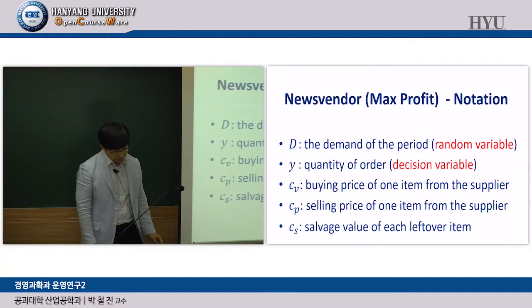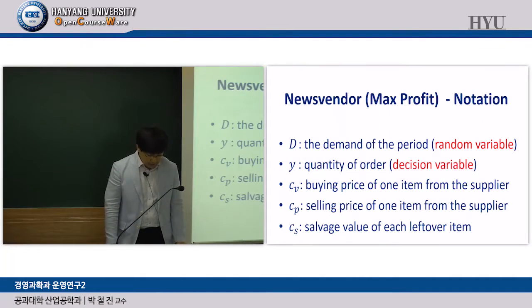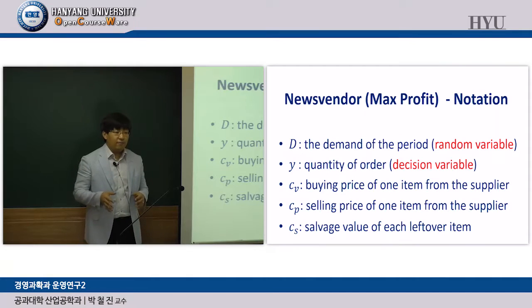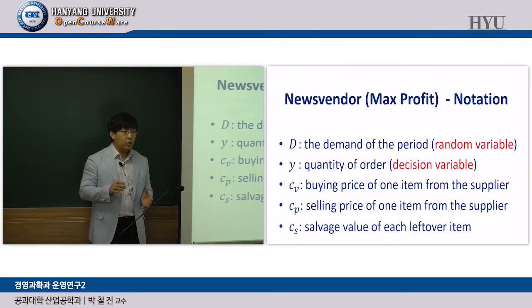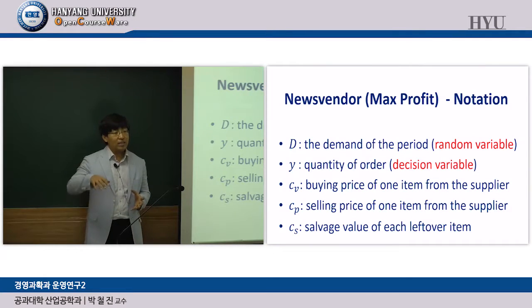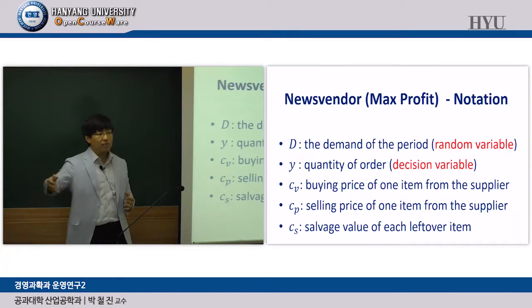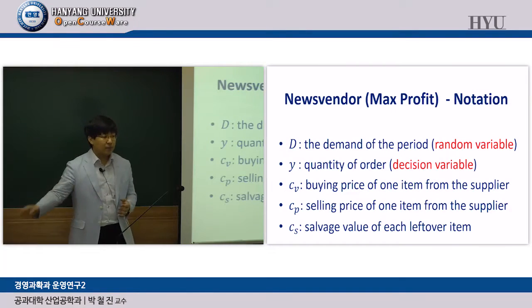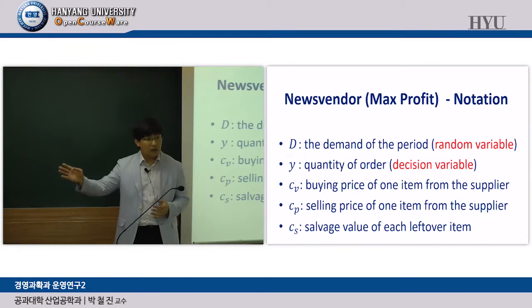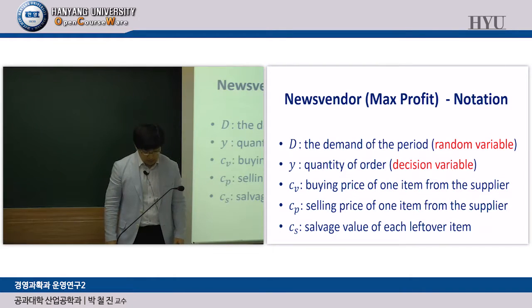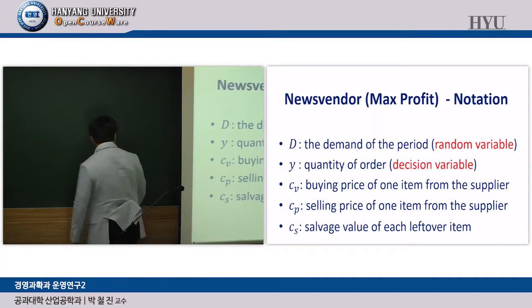And C sub s represents the salvage value. Whenever we have leftover items, then we need to handle them, right? One way is we can sell them at a lower price to the manufacturer or a different kind of organization, something like that.